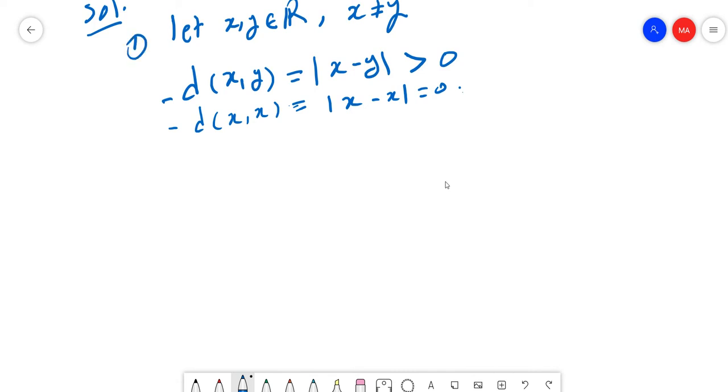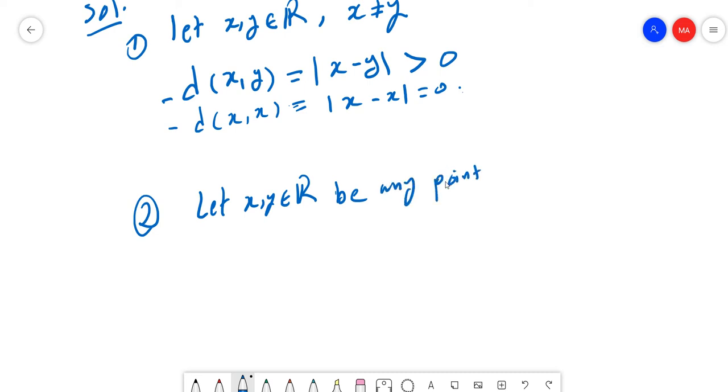The second condition. Let X and Y in R be any points.